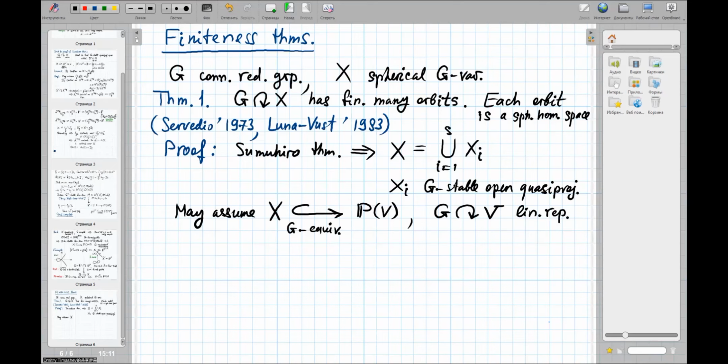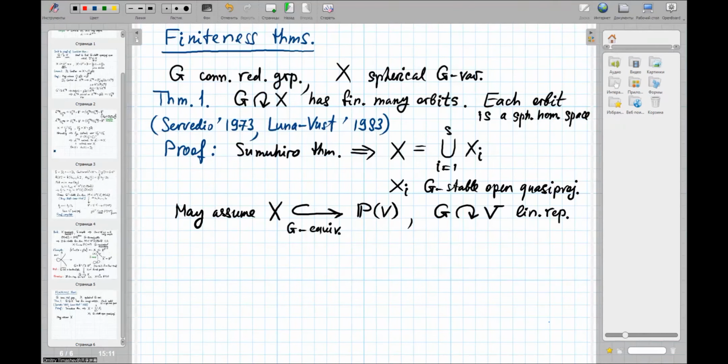For every point in X we choose a G-stable open subset by the theorem, and we choose finitely many to cover X, right? Exactly. In particular, all these Xi's contain the open G orbit in X. So we may assume X itself is quasi-projective and even embedded in the projectivization of a linear representation of G by the previous remark.